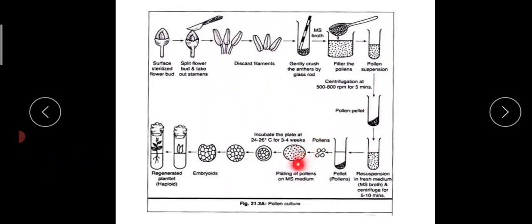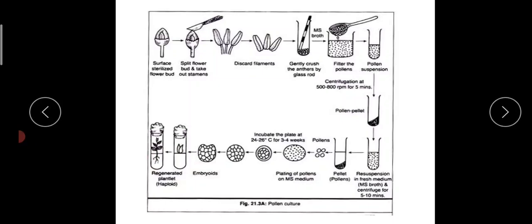In MS medium we inoculate them and incubate for 2 to 3 weeks, and after some time we can see the development of embryoids. Callus will be developed and embryos will be developed from that, and these embryos are transferred to subsequent media for induction of shoot and root, and we can regenerate haploid plantlets.